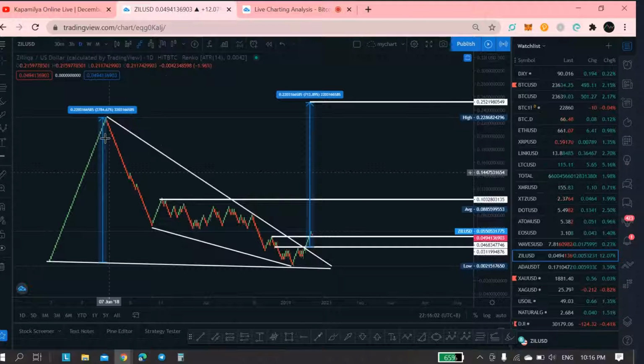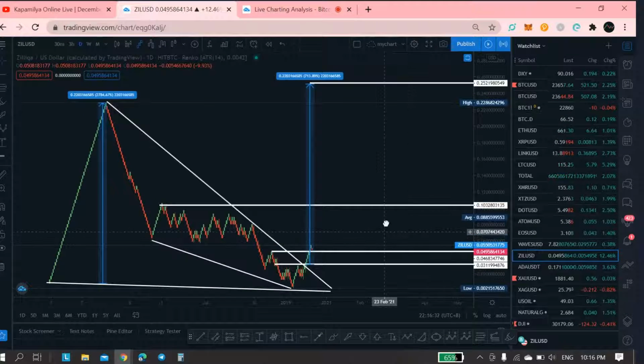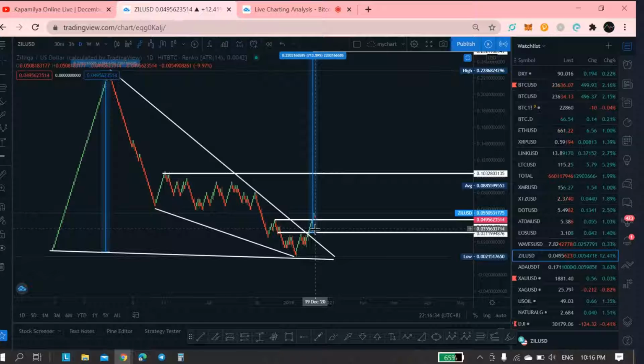So for here, still also a triangle area, with a possible target of 25 cents. That's my long-term target. But of course, for short-term, it just broke the 50 cents area.